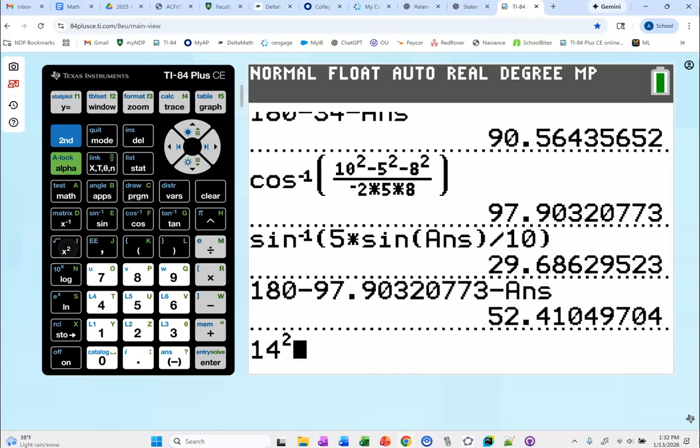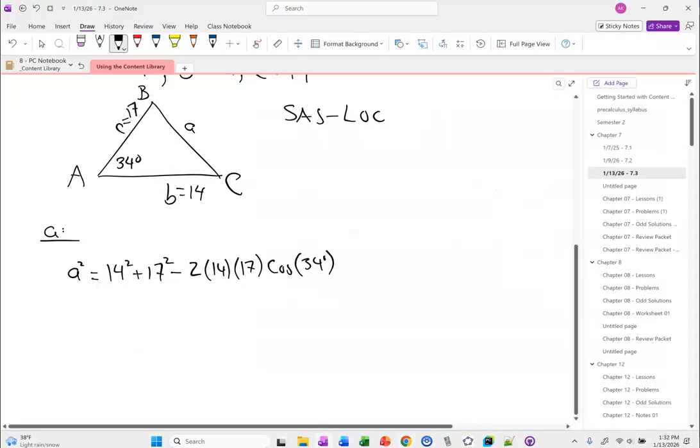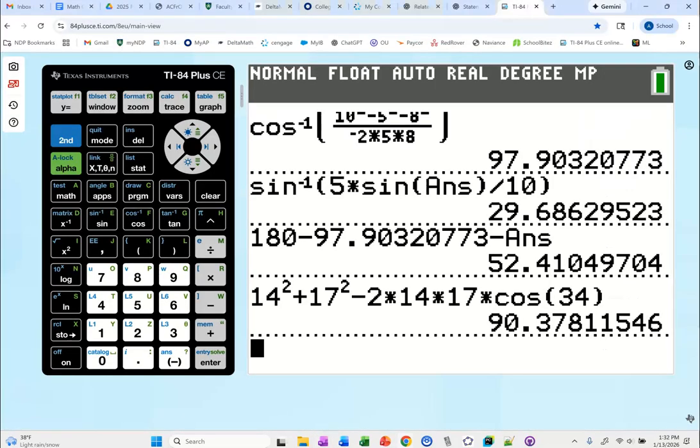All right, so we had 14 squared plus 17 squared minus 2 times 14 times 17 times cosine 34. Very good. So there's my value for A squared. Remember the formula is A squared, whatever that was, 0.4-ish.